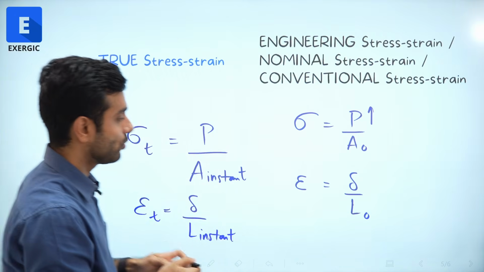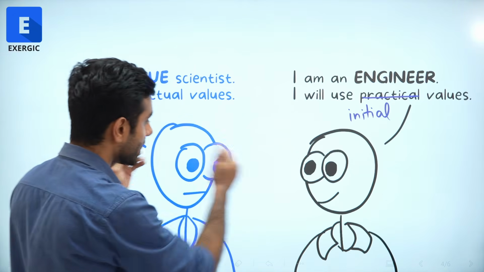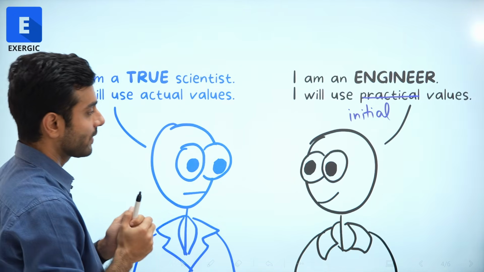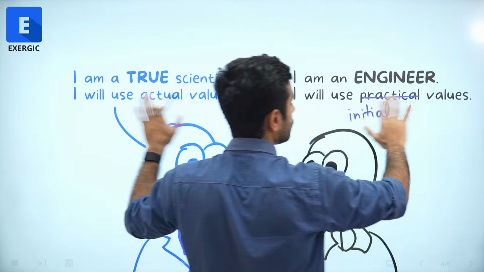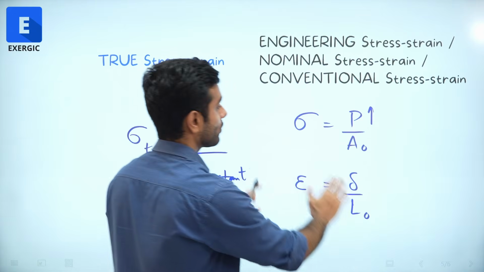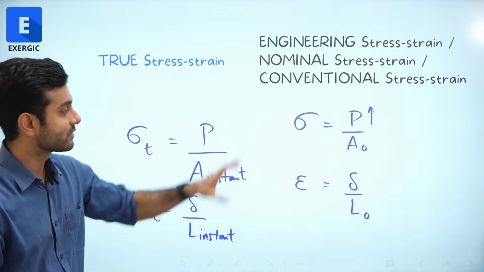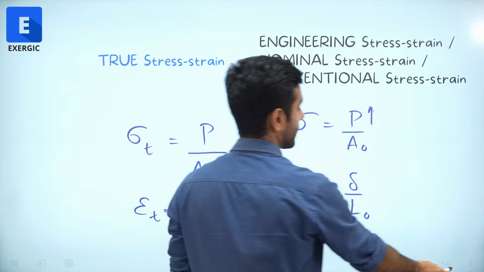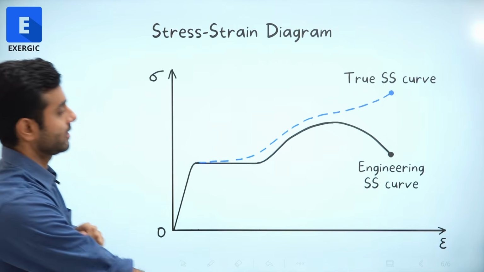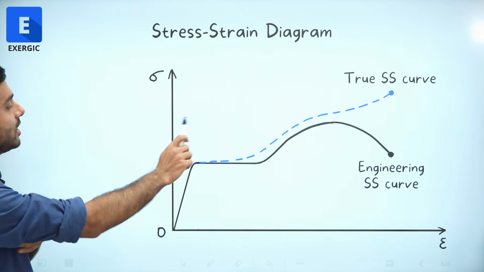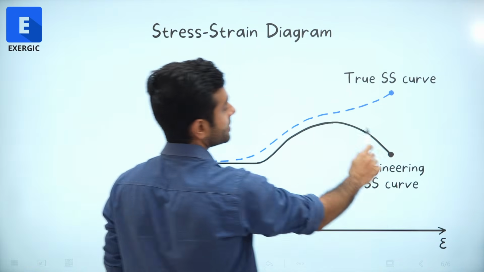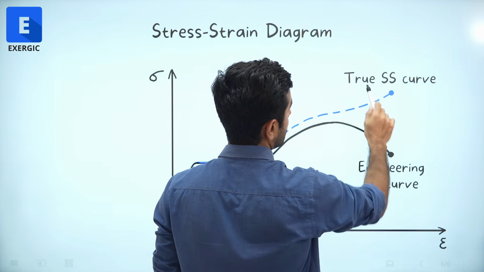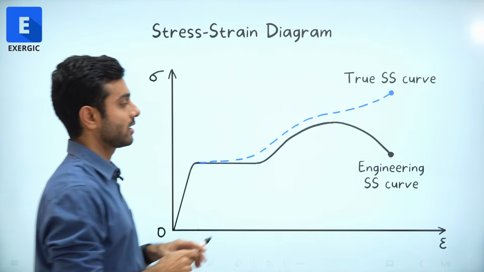But now both of them are not agreeing. Both are using different approaches, so we have two separate values of stress and strain. Hence, there are two separate stress strain diagrams: one is the engineering stress strain curve, the other is the true stress strain curve.